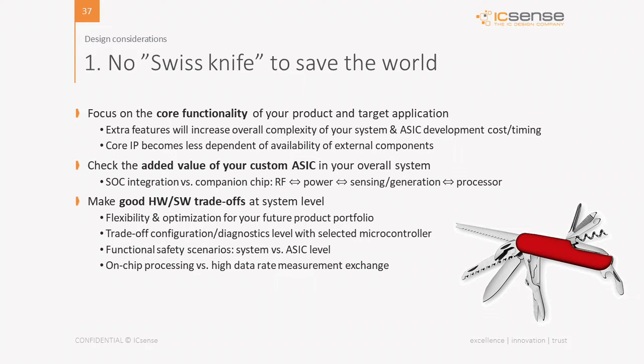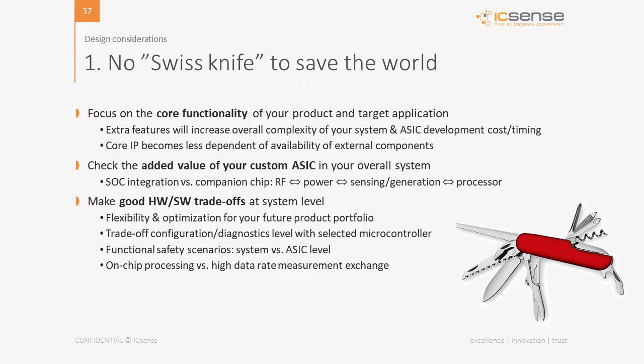The second item that I would like to stress is: please check the added value of your custom ASIC in the overall system. Make good assumptions on what you will put on the chip and what you will keep on the PCB. For example, keep in mind that power and high-frequency RF do not match well in one chip.